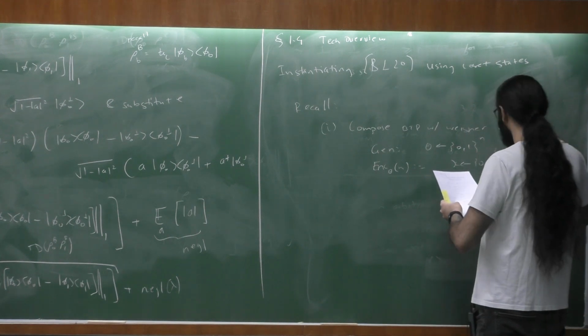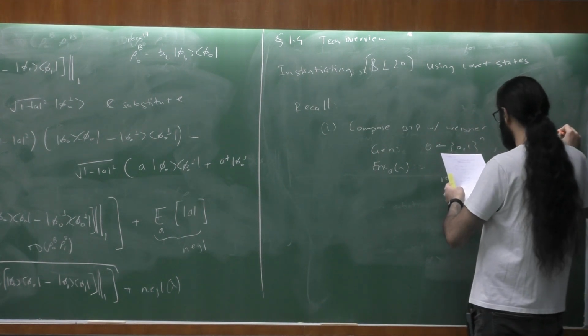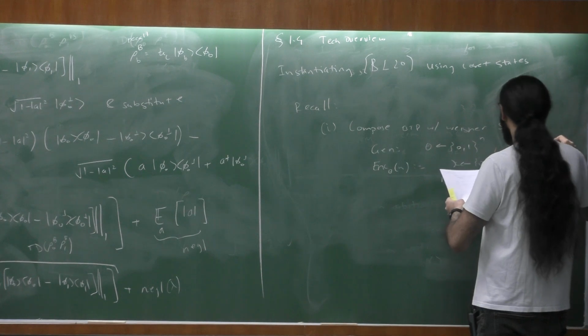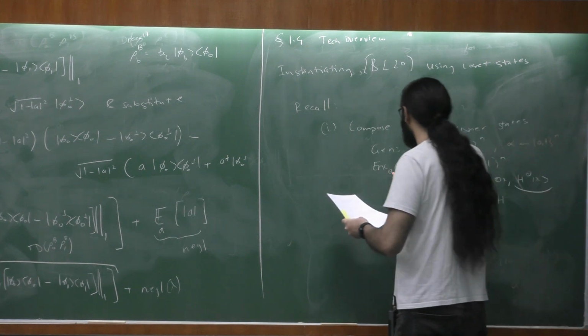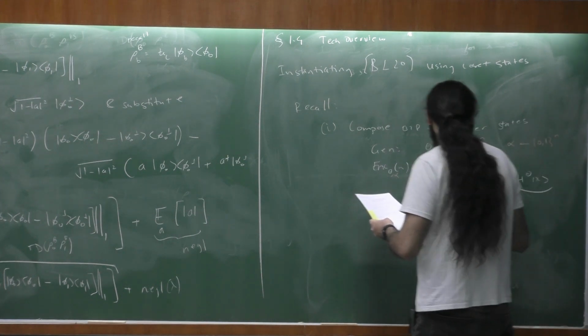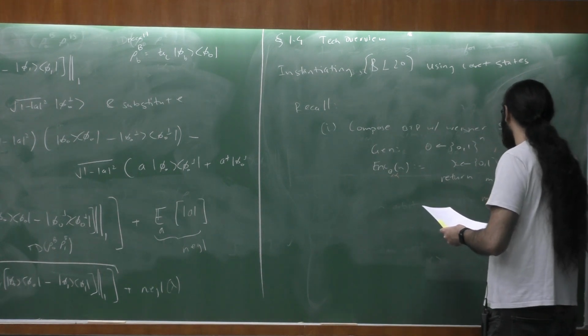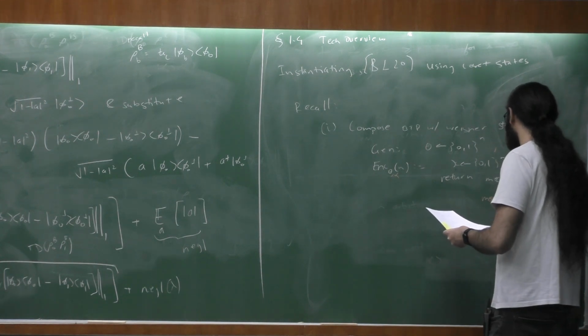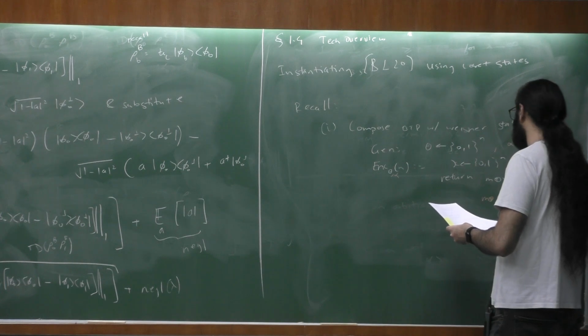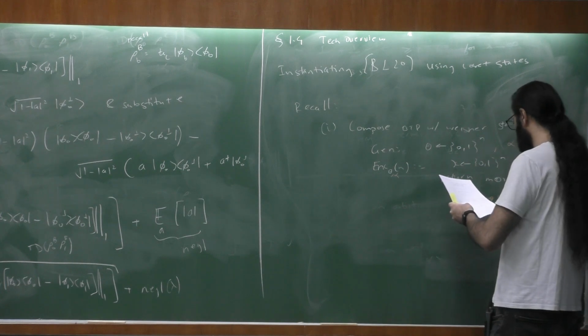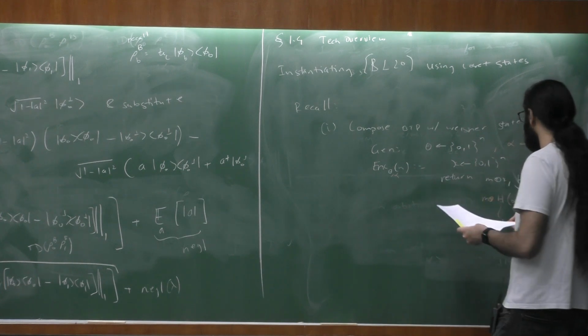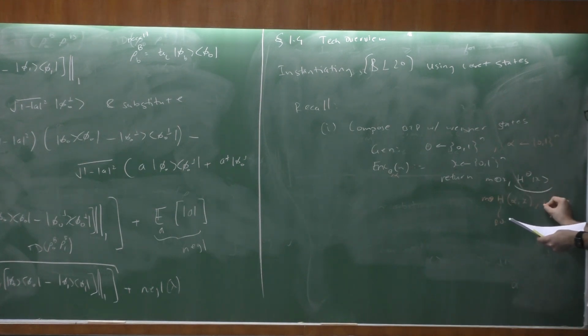It wasn't immediate why we needed alpha. And then here they added alpha, and the encryption was m XORed with H, where this H is the random oracle acting on alpha and x both. The other part is the same, this H theta x.